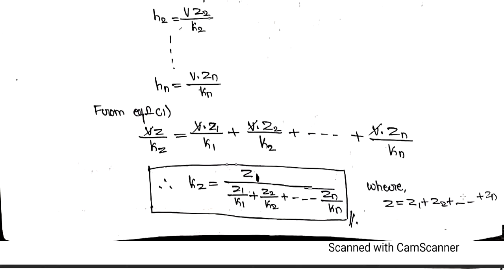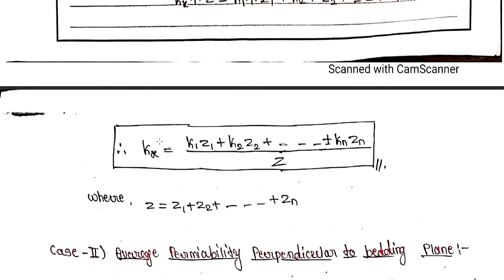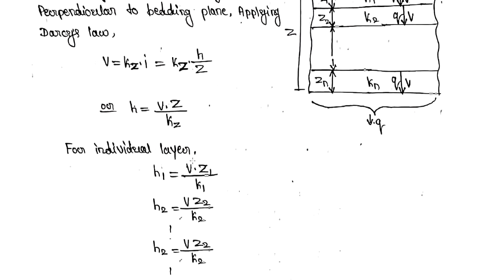You can see that the average permeability when the flow is perpendicular to the bedding plane is given by this particular formula, and the average permeability when the flow is parallel to the bedding plane is given by this particular formula.